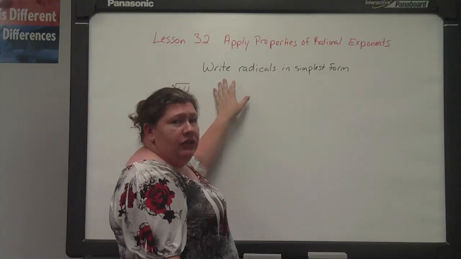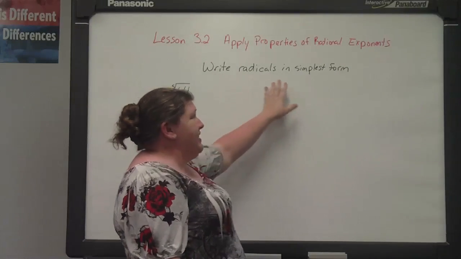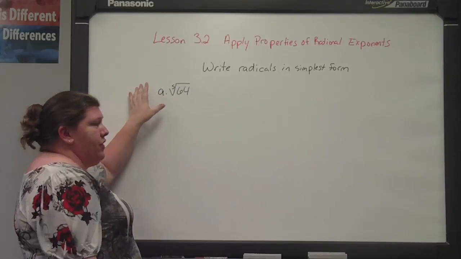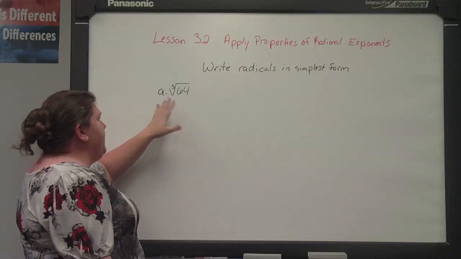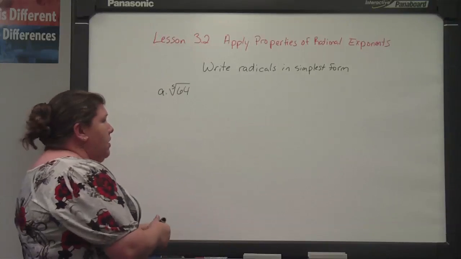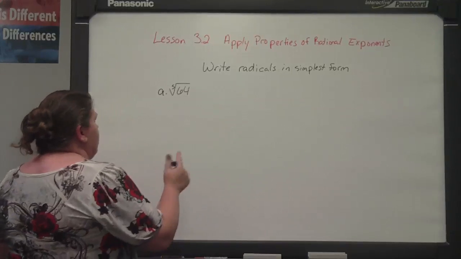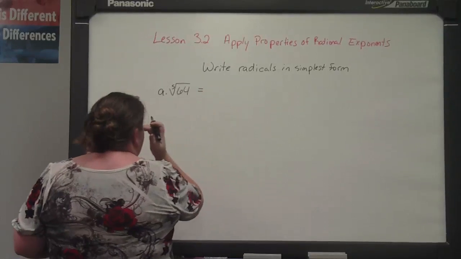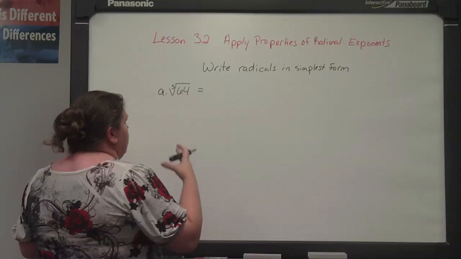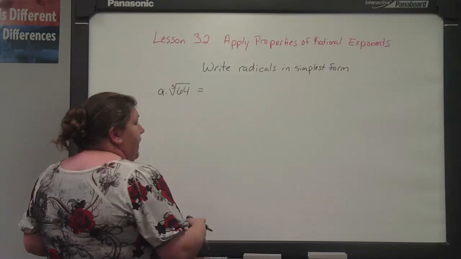Another concept we want to look at today is writing radicals in simplest form. So I went ahead and put my first one up on the board. I want to find the 5th root of 64. Again, I want it in simplest form. So what we have to do is look at if there is a perfect 5th root or 5th power within 64. And there is.